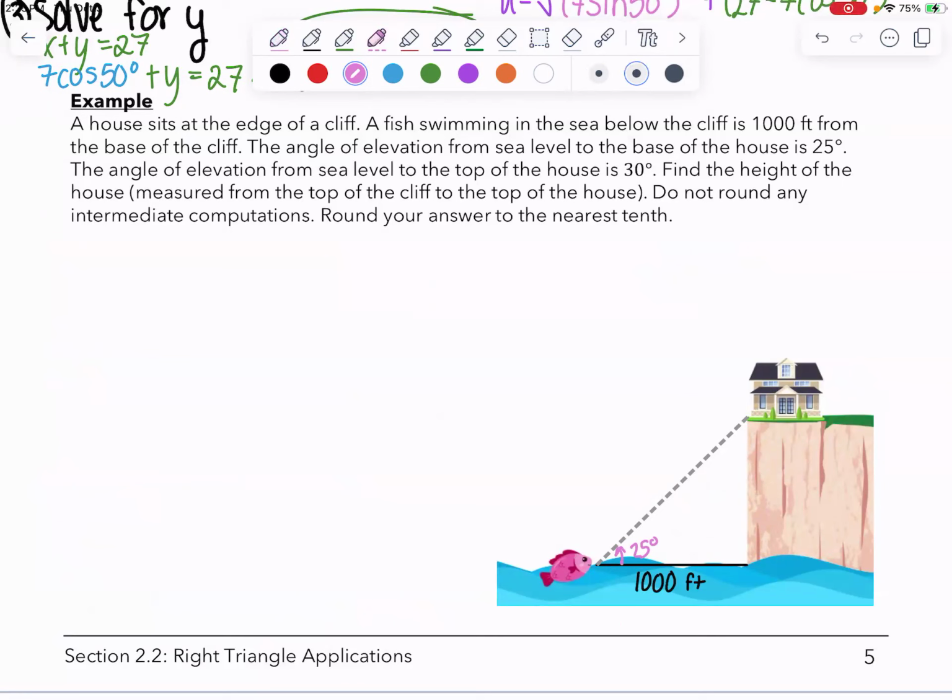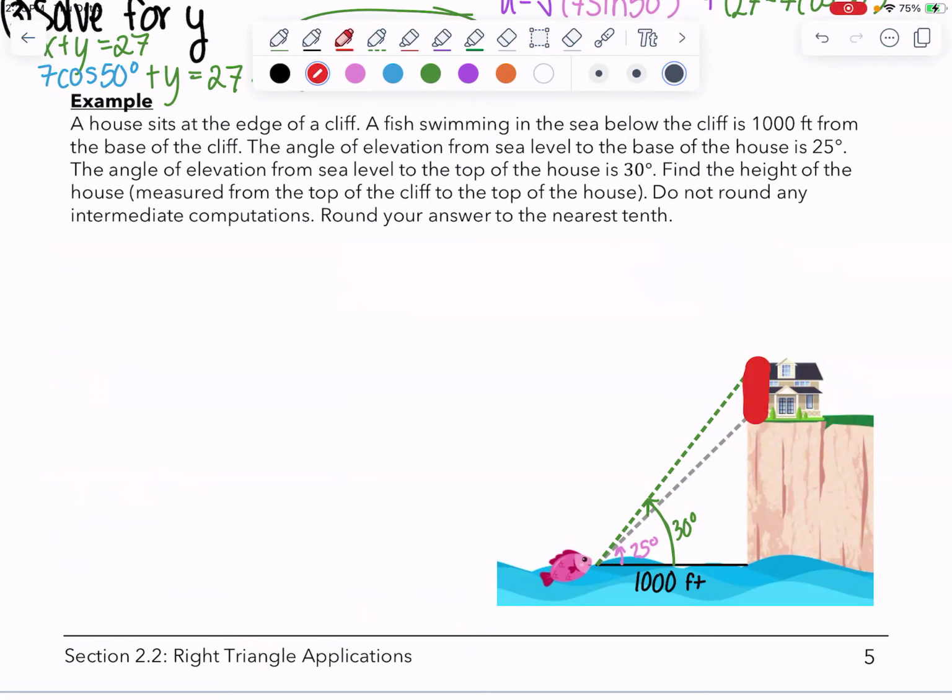Then the angle of elevation from the sea level to the top of the house, so up here, that is 30 degrees. What is the height of the house is the question. The height of the house. So that distance right there.